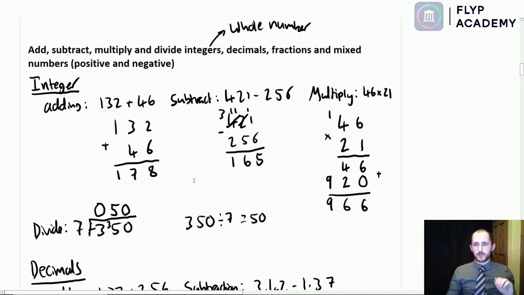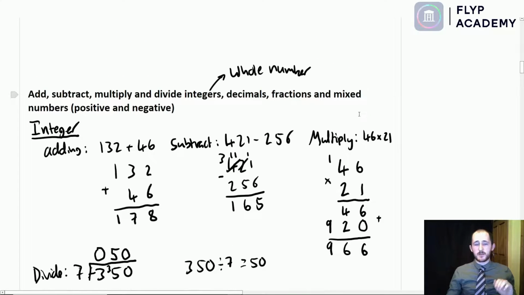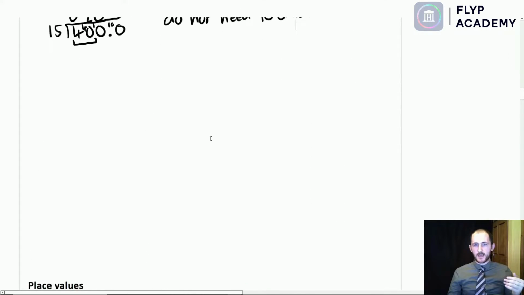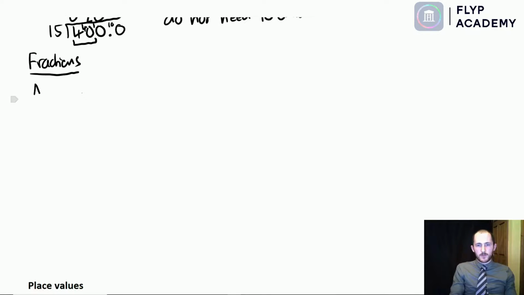So now if we move on to the next part, which is fractions and mixed numbers. Fractions and mixed numbers are actually identical. So let's just quickly go through fractions. Again, if we want to do adding, to add two fractions, again, let's pick two fractions.